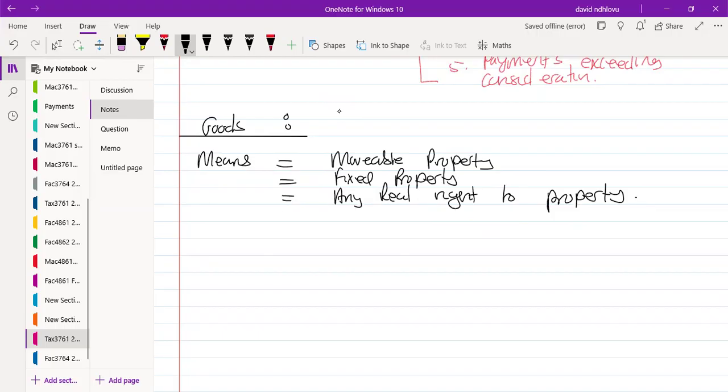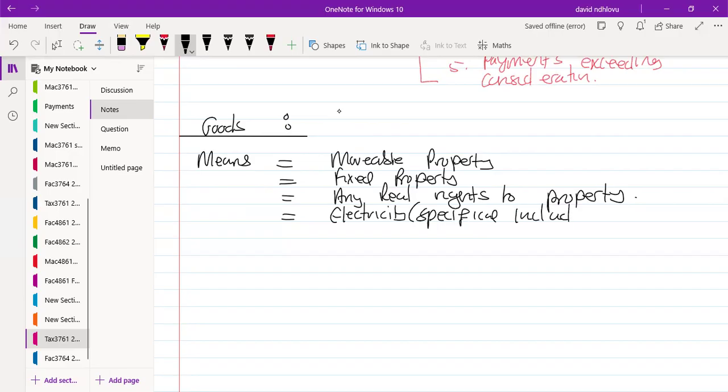For example, you may be holding a certificate that gives you ownership of a particular asset. You may be having title deeds to a property. Those are rights that actually give you ownership of something of value, which we call property. And then electricity as well. This is specifically included by the Act.